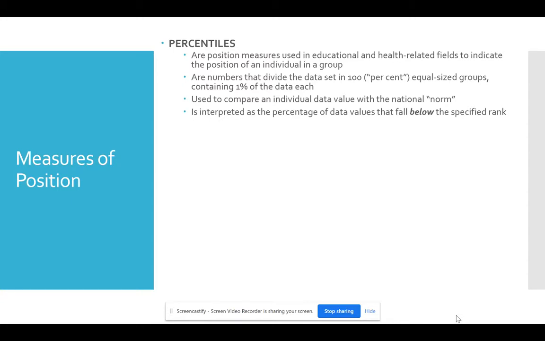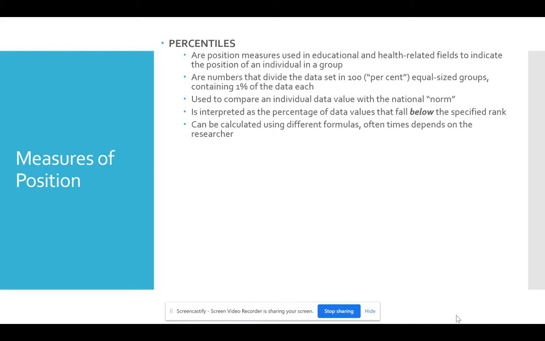So, for example, if your score report for the SAT says you scored in the 87th percentile for the English portion, that means that 87% of all the people who took the SAT English portion scored below you. Okay, it's always below that particular rank.